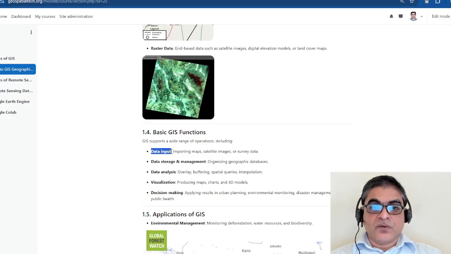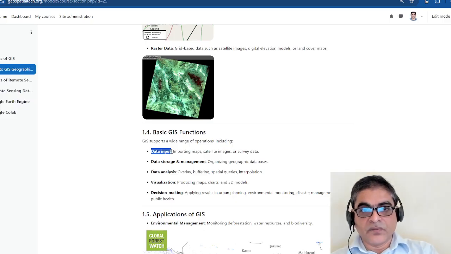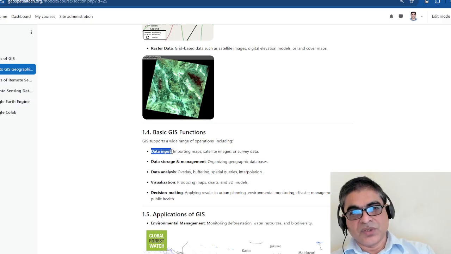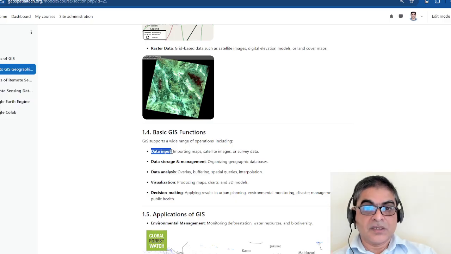If I say that I want to know how much vegetation has changed from 2000 to 2024, the first thing we need is to collect the data, the satellite data. What satellite detected the vegetation in 2000, and then in 2001, 2002, 3, 4, 5, up to 2024. So that data is required. Okay, so this is data input.